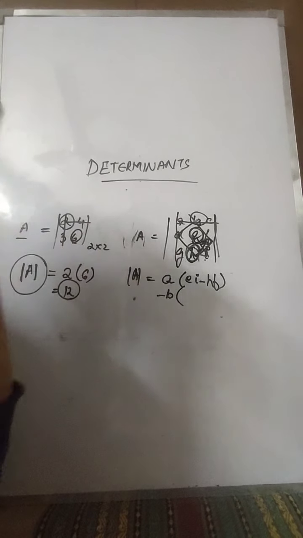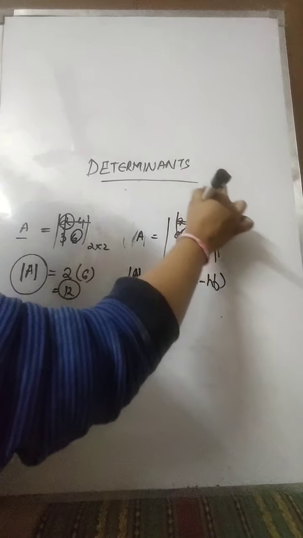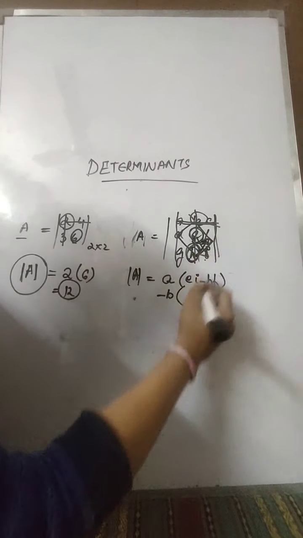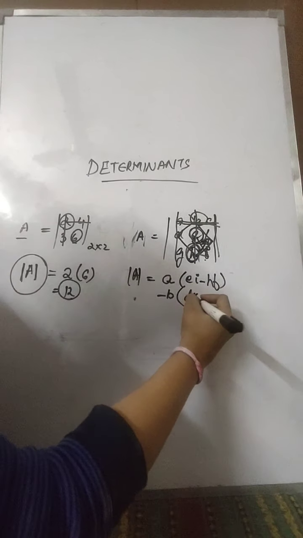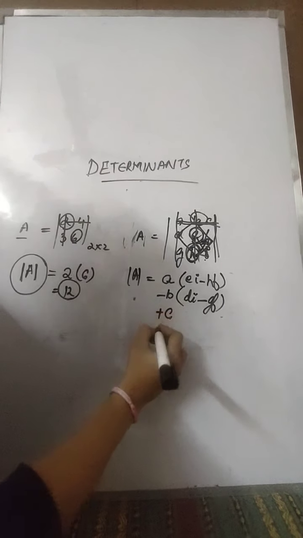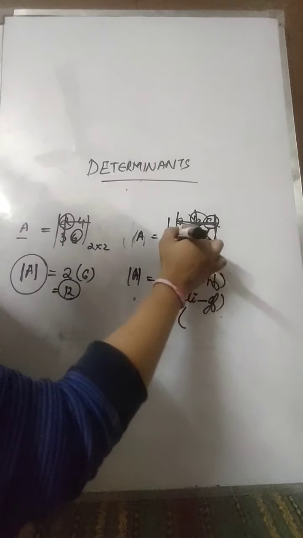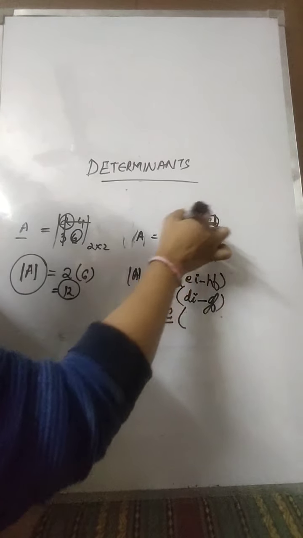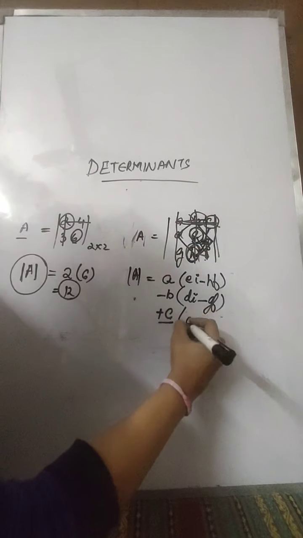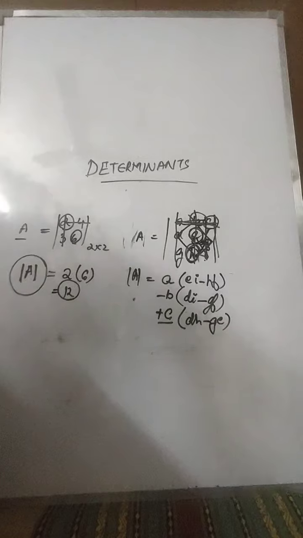Now taking the next values, eliminating the row and the column: di minus gf, okay, plus c, it's not the diamond element, so plus c, then eliminating the column and the row, dh minus ge.